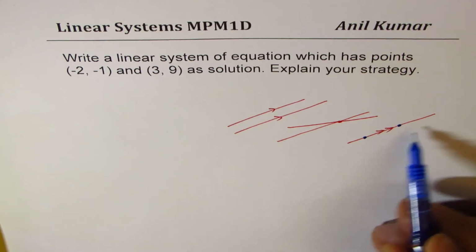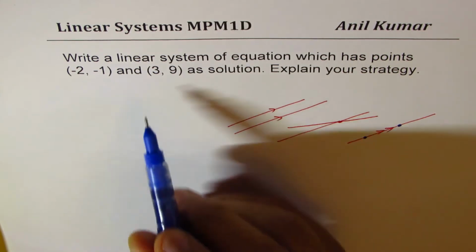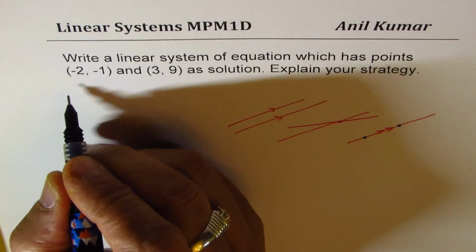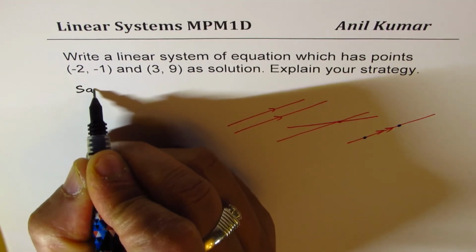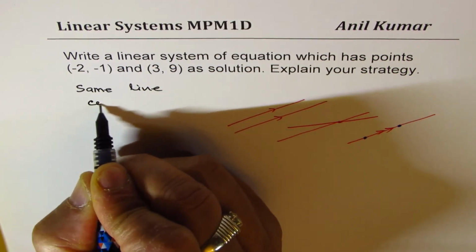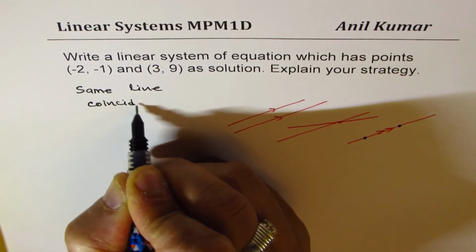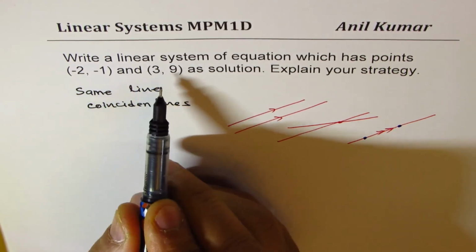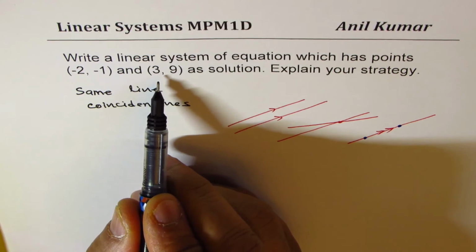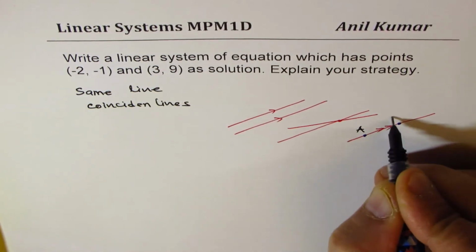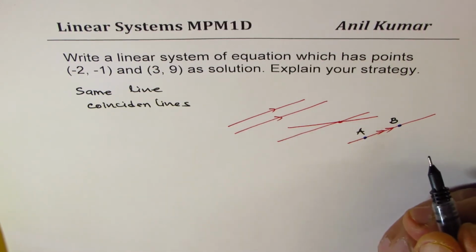So that is the only condition, right? So the situation really reflects that we are talking about same line, also referred to as coincident lines. So if we are given 2 points of intersection, it really means that both the points are on the same line. So let's call them points A and B and find the equation.